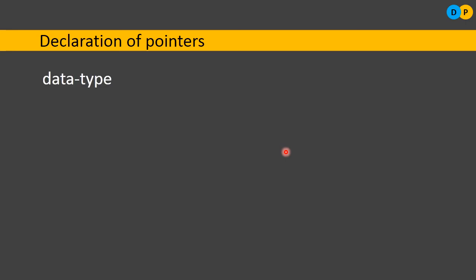First, we say the data type to which the pointer variable is pointing, followed by the asterisk symbol, which is a prefix symbol, followed by the pointer variable name, and it is terminated by a semicolon. This is the general format or syntax of pointer declaration.